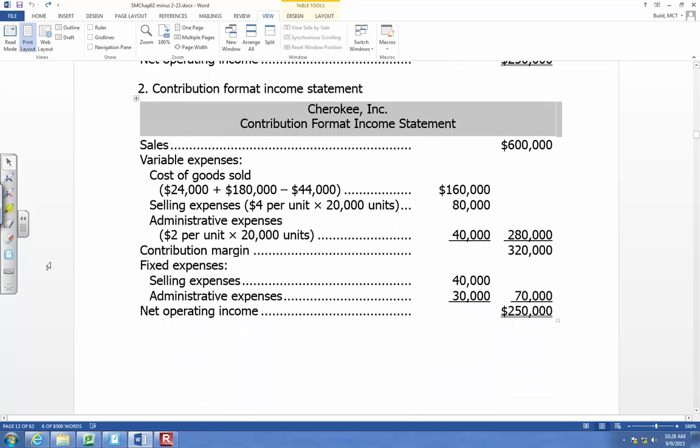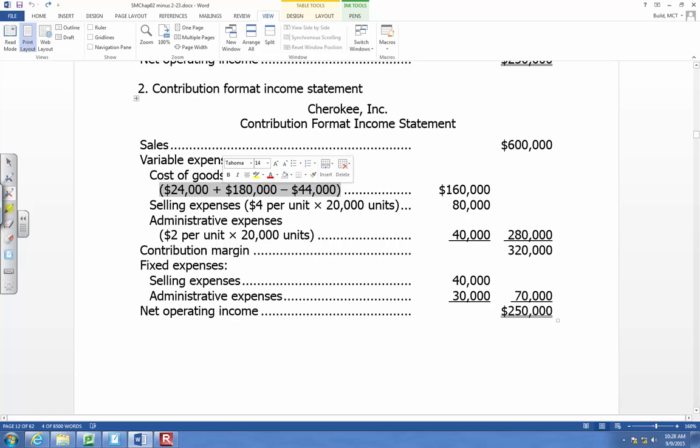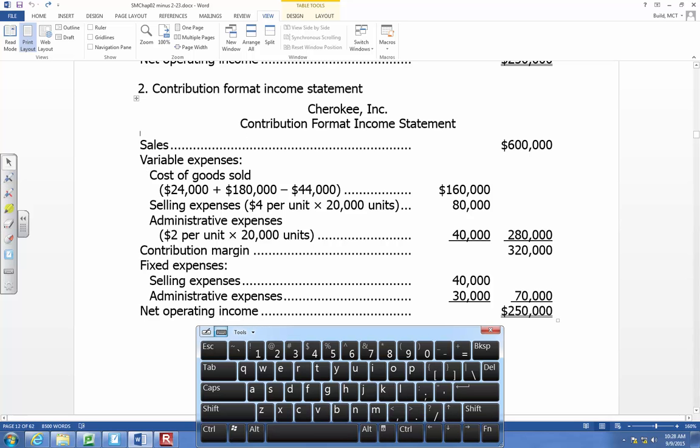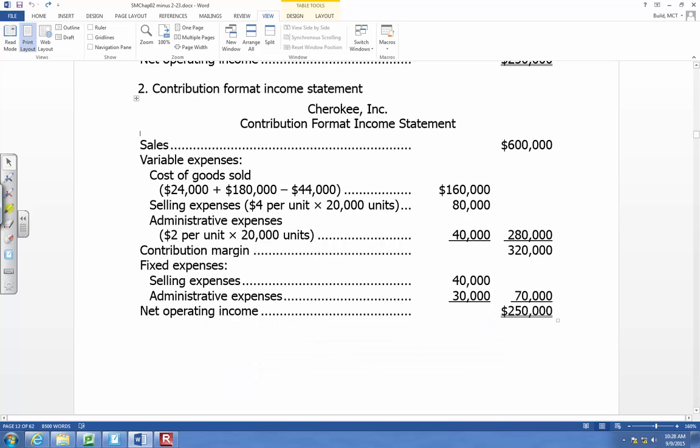Then on our contribution margin format, just what we had up, sales minus all of our variable expenses. Cost of goods sold is by nature variable, right?